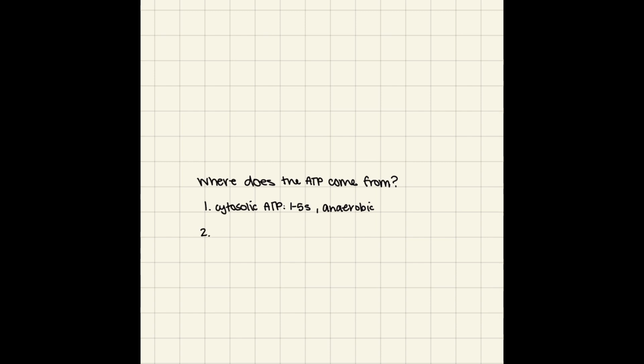The second place your body goes to for ATP is called creatine phosphate. And creatine phosphate is a substance that is stored in your muscle cells. Using it, we can go from ADP plus CP, that's creatine phosphate.